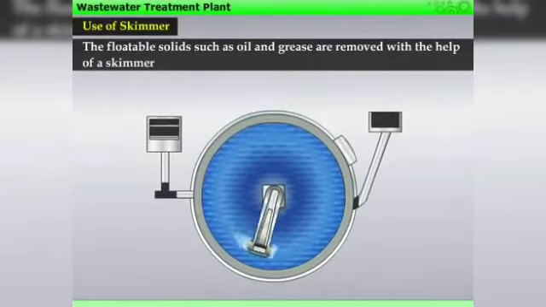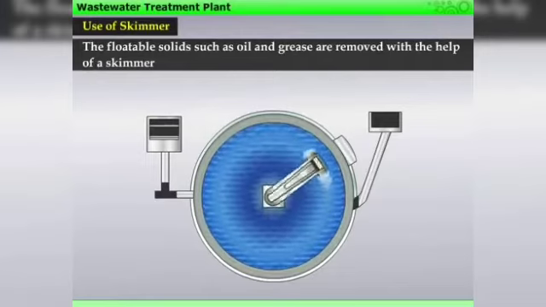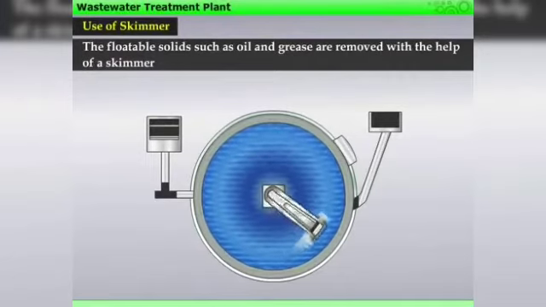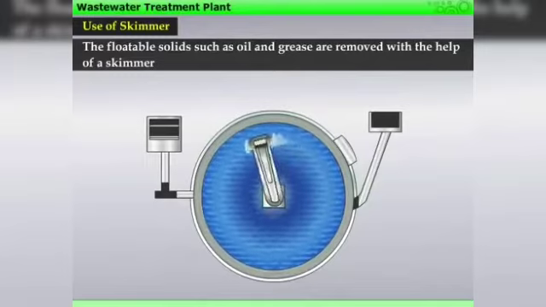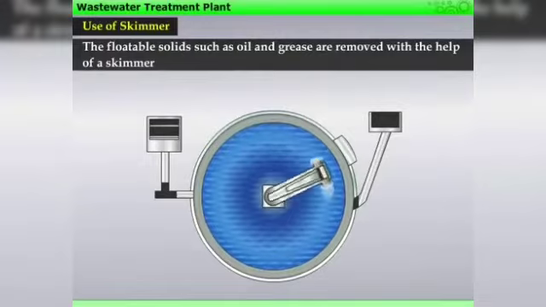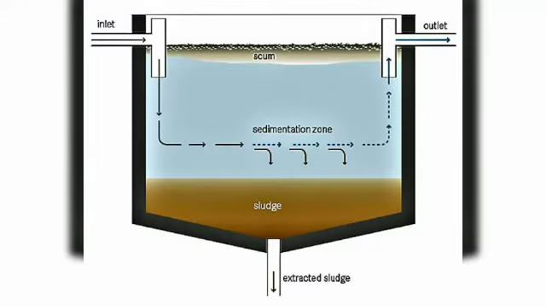The skimmer takes away all the oily substances. The sedimentation process, you know what is the sedimentation process? All the settling down of the soil particles. The sedimented part is called sludge.